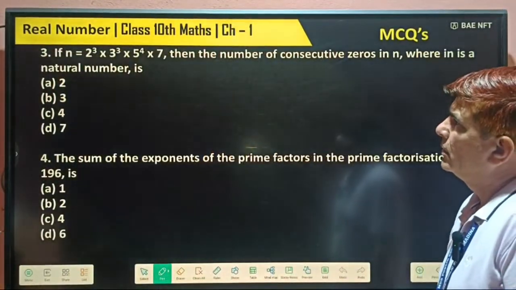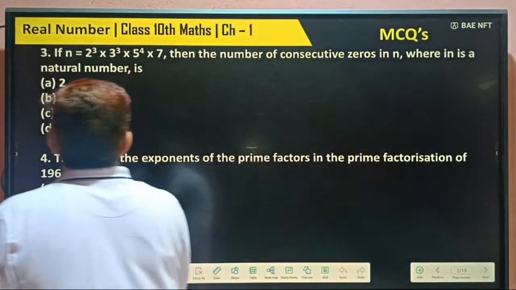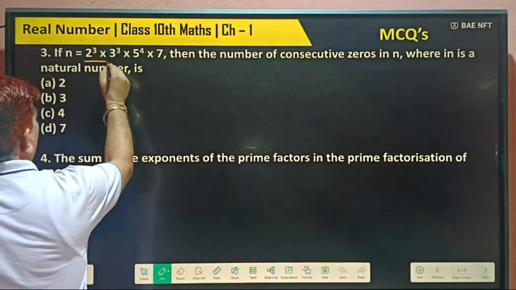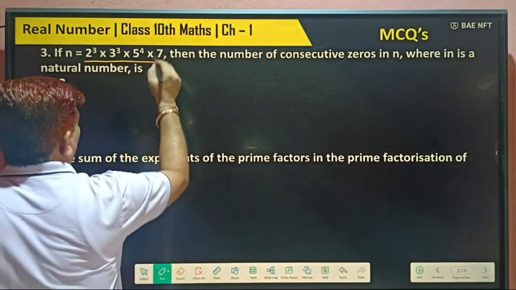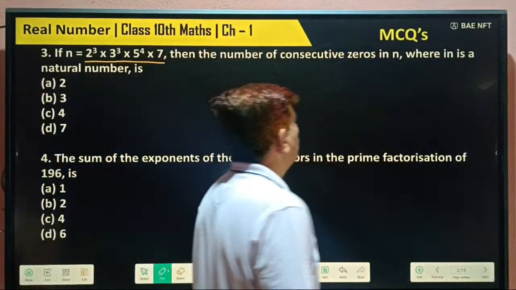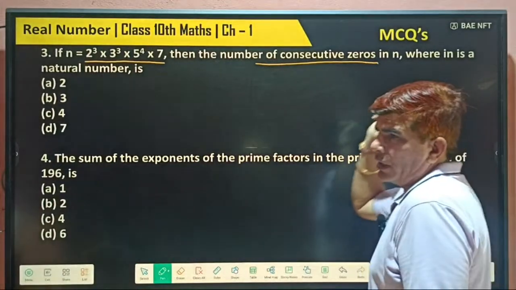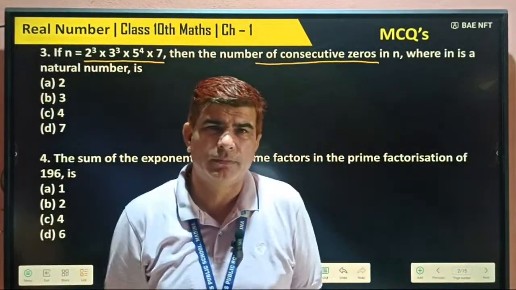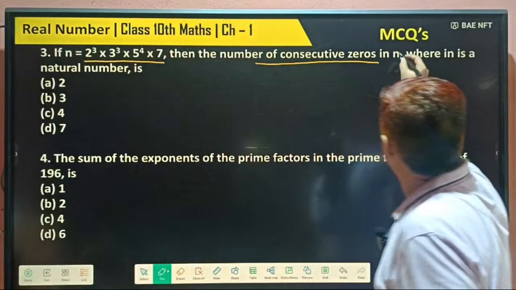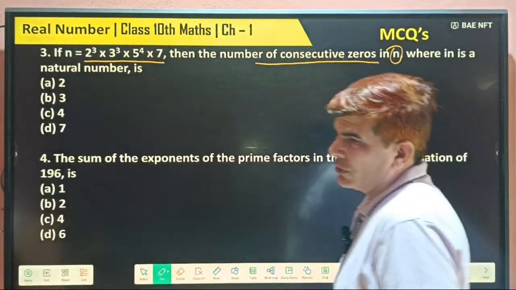Next, given n equal to 2 power 3 into 3 power 3 into 5 power 4 into 7, find the number of consecutive zeros, consecutive meaning side by side, in n, where n is a natural number.